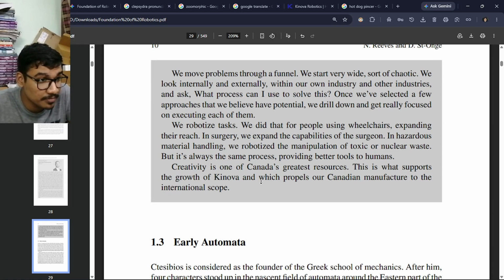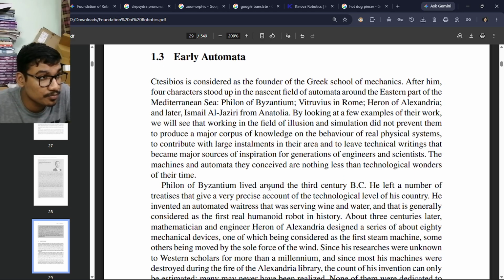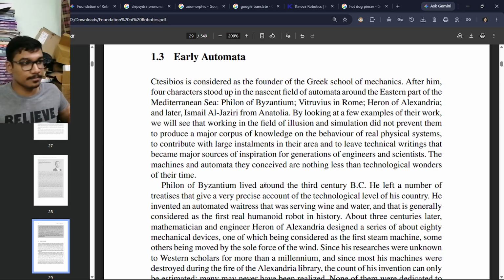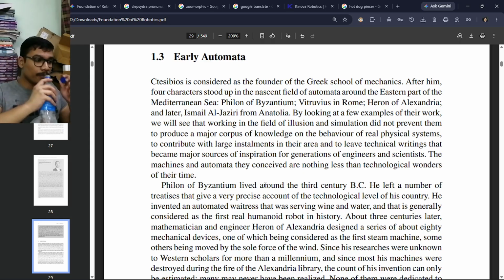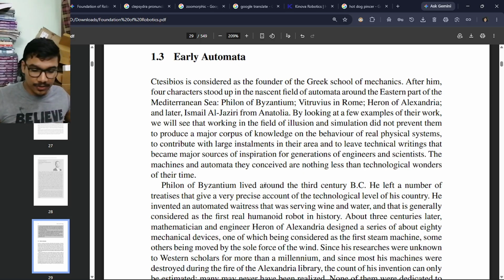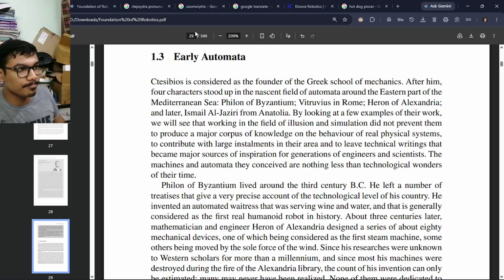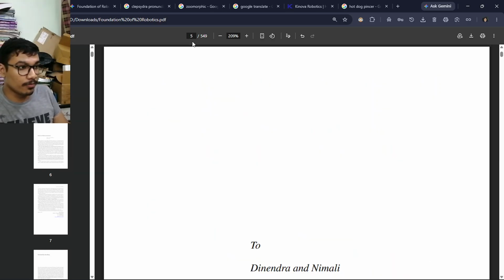Okay, all right. Wait, let me just get back to the index. I think it was on page 5.